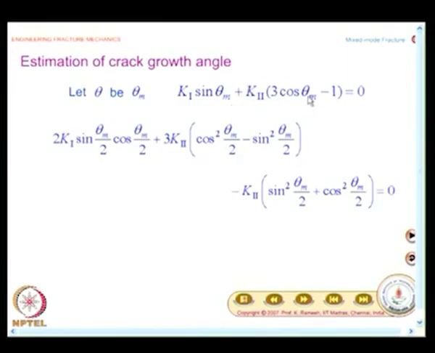You could solve for theta m directly, and this is done in a slightly different fashion. You express sin theta m as 2 sin theta m by 2 into cos theta m by 2. Likewise, you expand cos theta m, you get an expression involving these terms: 3 K2 (cos square theta m by 2 minus sin square theta m by 2) minus K2 (sin square theta m by 2 plus cos square theta m by 2) equal to 0.